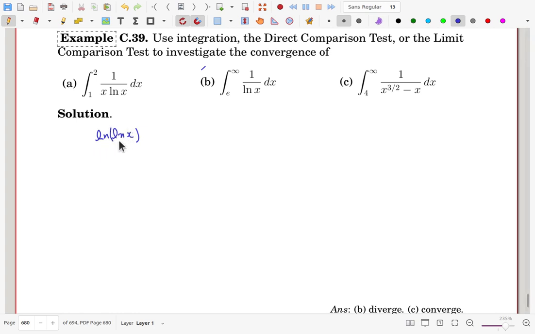If you take the derivative, on the bottom we have logarithm x, and that derivative is 1 over x. So that's the antiderivative, with evaluation from 1 to 2.